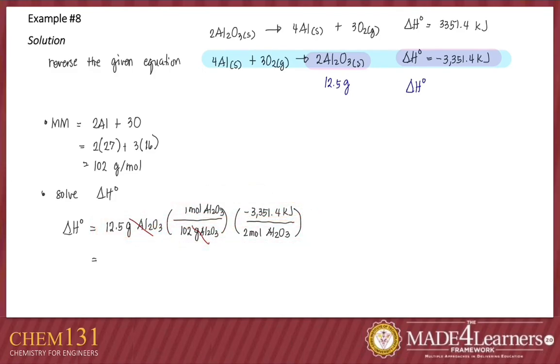And that would be equal to negative 205.36 kilojoules. So this is the standard enthalpy change for the formation of 12.5 grams of aluminum oxide from its elements.